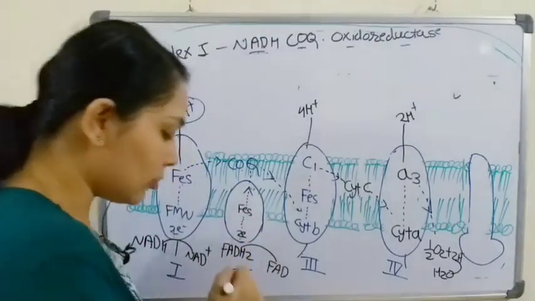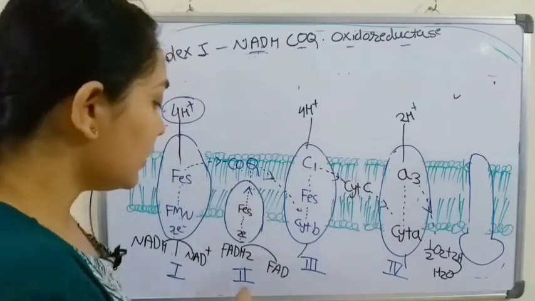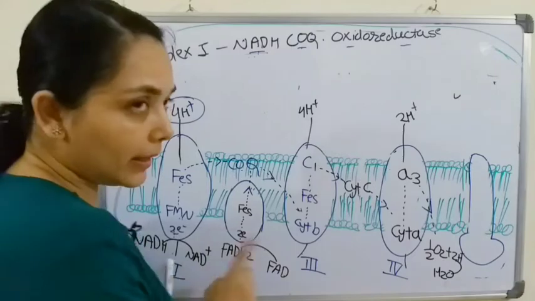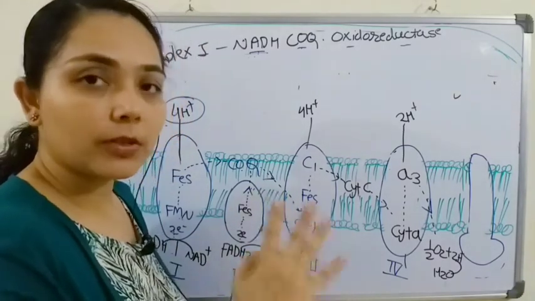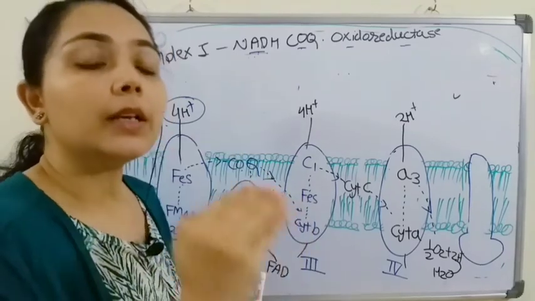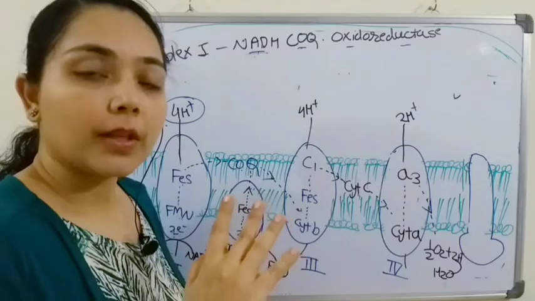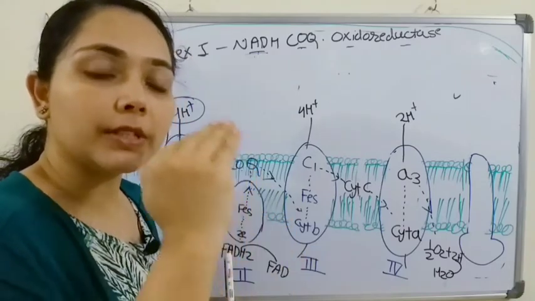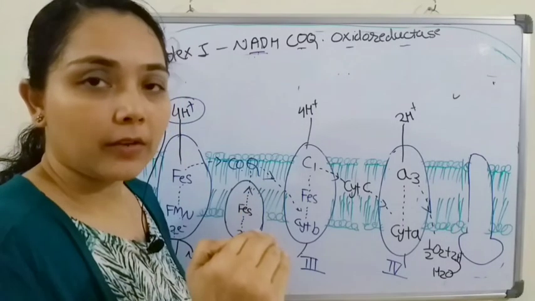Now complex 2. As I just mentioned, both are electron carriers. NADH is an electron carrier, FADH2 is also an electron carrier, but the energy level of the electrons differs. NADH has electrons with a high energy level, FADH2 has low energy level electrons.